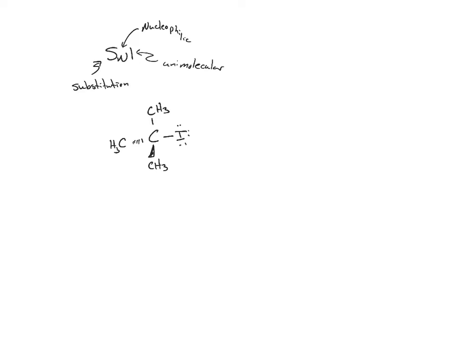The first thing that happens in a unimolecular reaction is that the electrons between my carbon and my leaving group, in this case the iodine, completely go on the iodine, and I form I minus plus this carbocation. Okay?